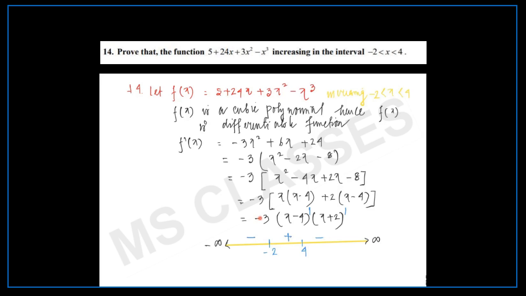So minus here, this is coming from this factor, so the sign changes, and at minus 2 from this one, the sign changes. So from this, what we can say, for all x belonging to (-2, 4), f dash x is greater than 0, and therefore f(x) is increasing.